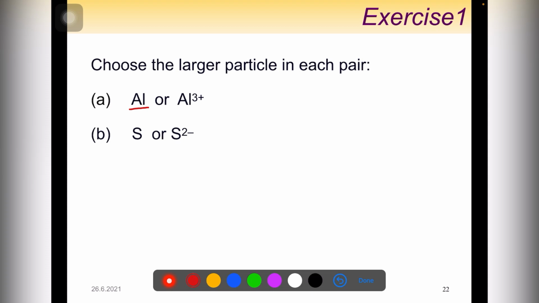And for the neutral atom and an anion, the neutral atom gains electrons to form the anion, so electrons increase, and this causes repulsions. When the electron repulsion increases, attraction becomes weaker. That's why the size of S2- is always larger compared to its neutral atom.